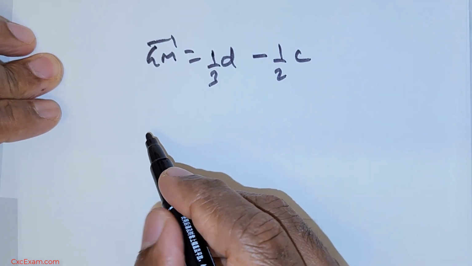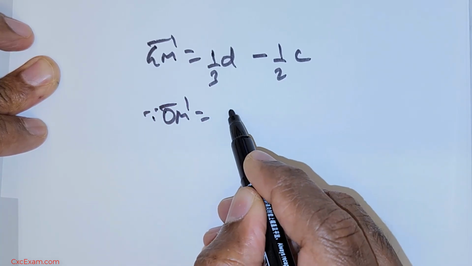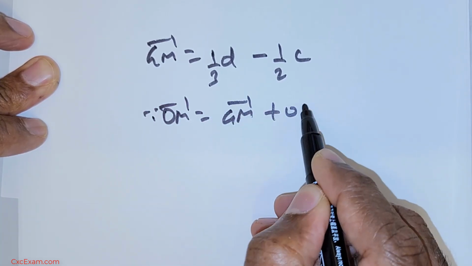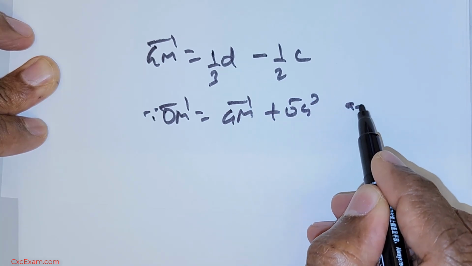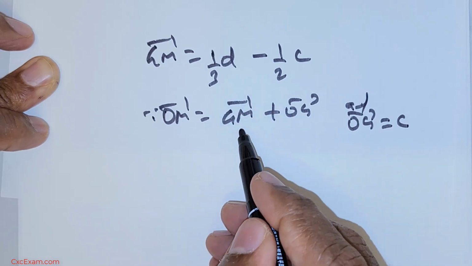Now we need to get the value for OM. Now OM is equal to GM plus OG, and OG is equal to C. It is given in the question. So substitute the value for GM.